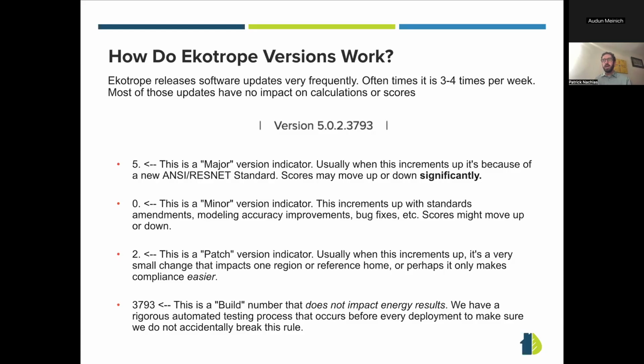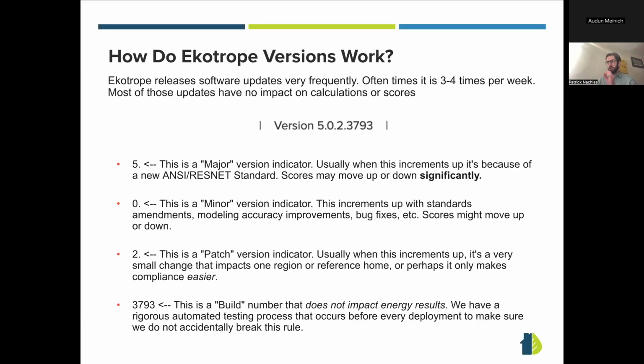The main driver here is the ANSI 301 standard. So ANSI 301 2019 correlates to Ekotrope version 4. When we moved to Ekotrope version 5, that was us updating our software to comply with ANSI 301 2022. So that's the driver there.